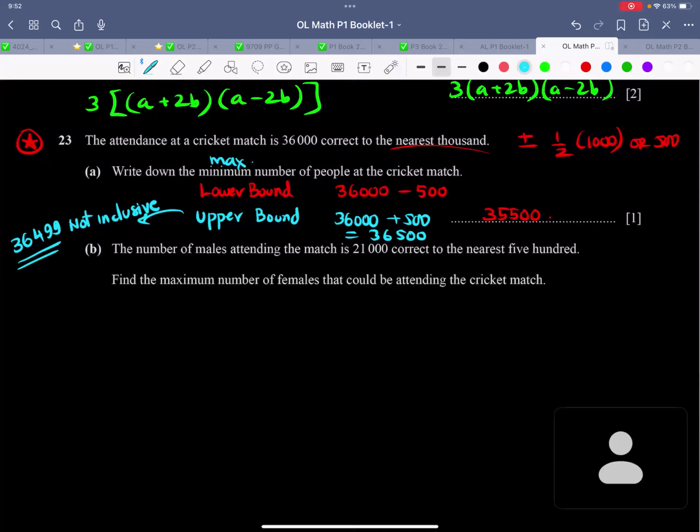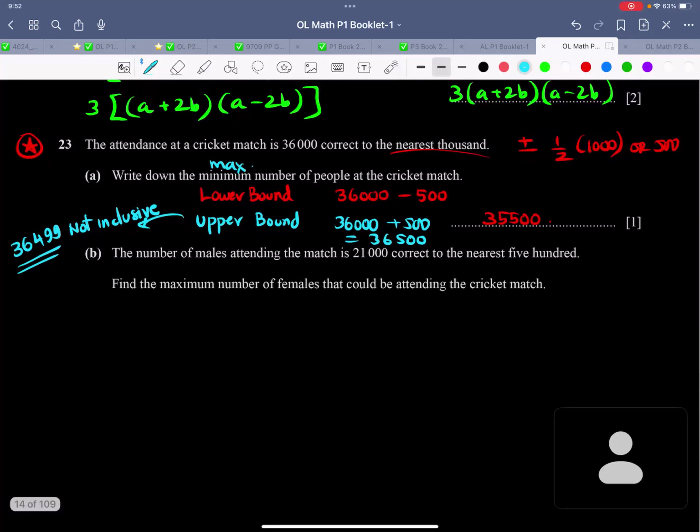Now the number of males attending the match is 21,000, correct to the nearest 500. Find the maximum number of females that could be attending the cricket match. So if I say the total is male plus female, if I make female the subject, that is total minus male.